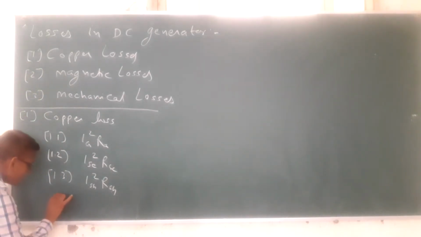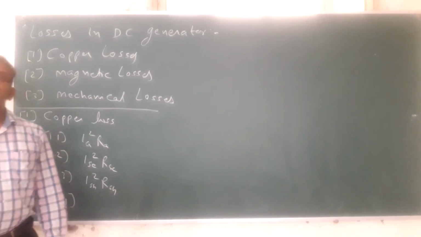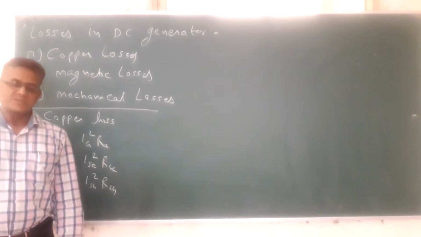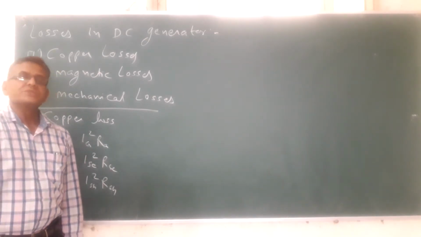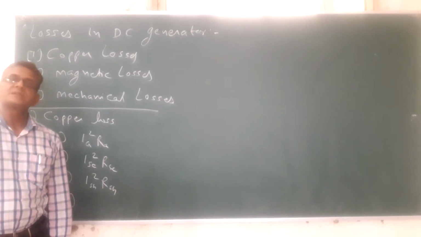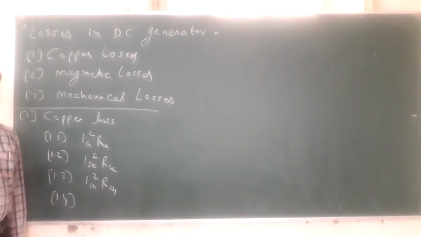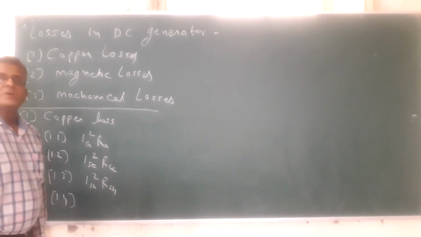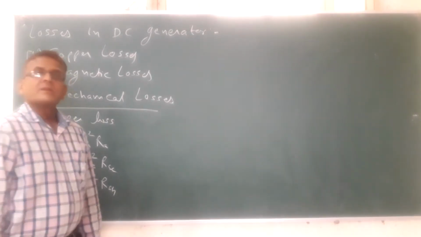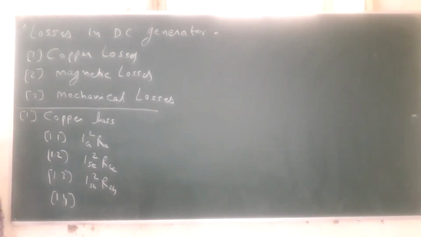Next is copper loss due to brush contact resistance. In DC machines, brushes are mounted on the commutator and there is some contact resistance. When current flows from brushes to commutator or from commutator to brushes, then some I square R loss will take place due to brush contact resistance.